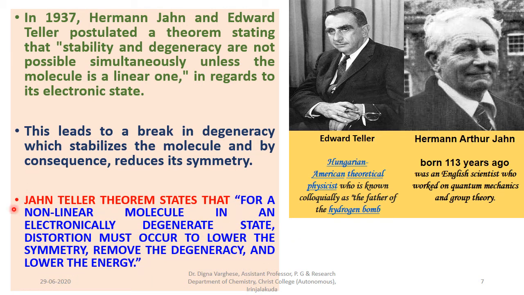The Jahn Teller theorem states that for a non-linear molecule in an electronically degenerate state, distortion must occur to lower the symmetry, remove the degeneracy, and lower the energy. Thereby, the stability of the molecule increases.